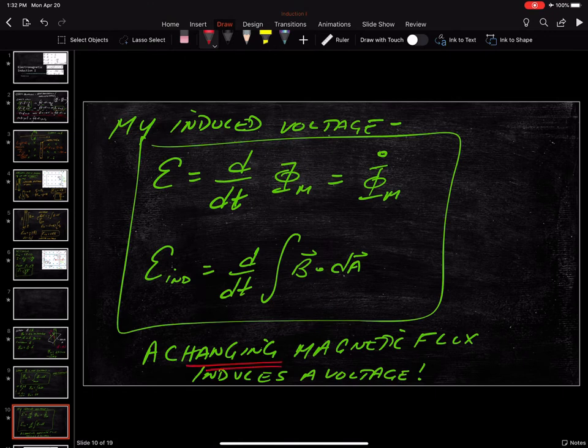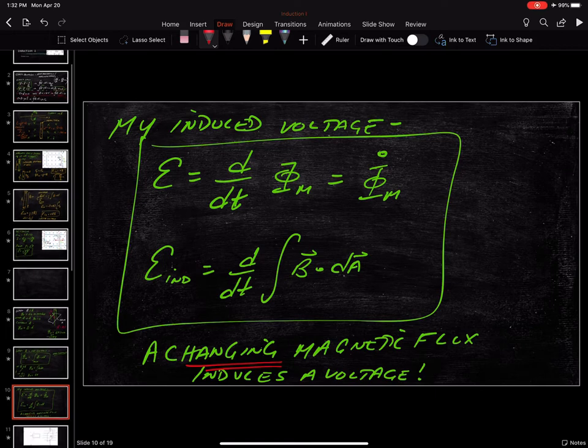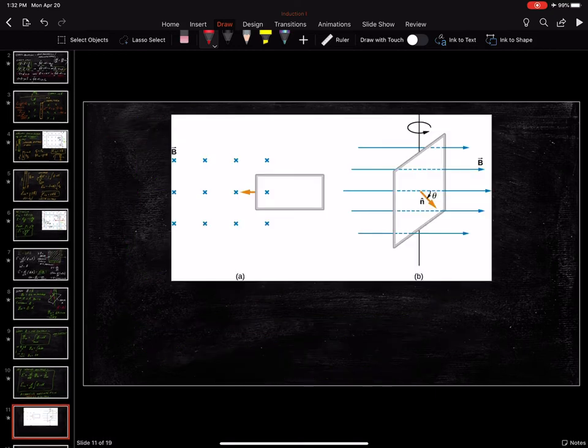If the flux is constant, then the derivative would be 0, and so you don't have any kind of induced voltage in that situation. It's only when you have a changing flux that you end up getting an induced voltage. Now that raises some interesting questions, but let's think about this for a little bit. How can you change the flux? Well, here's a couple of ways.